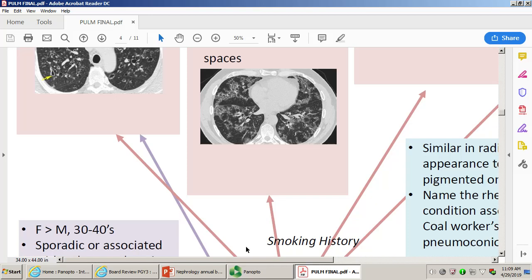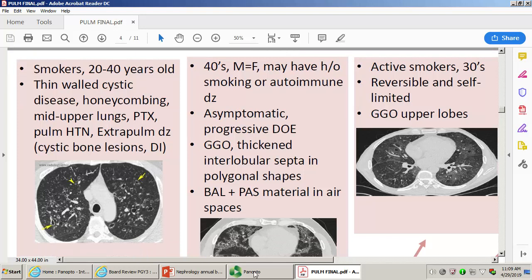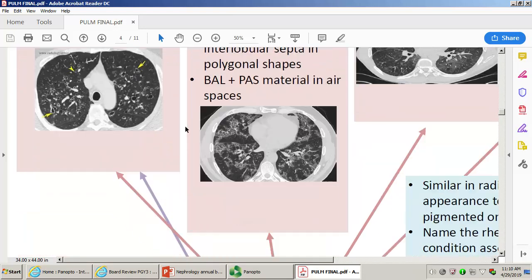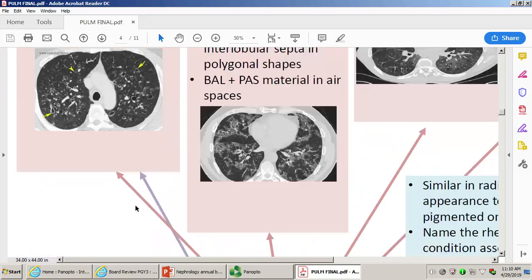Let's go to our smokers up here in pink. So we have smokers and we have cystic lung disease, right?